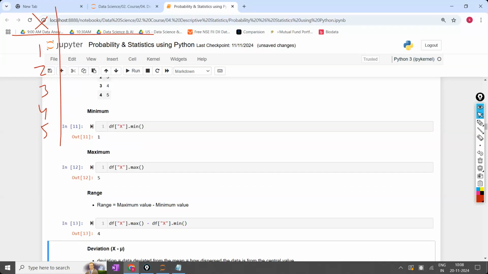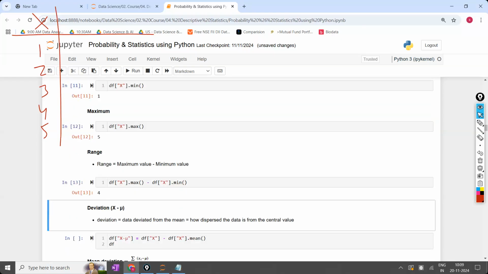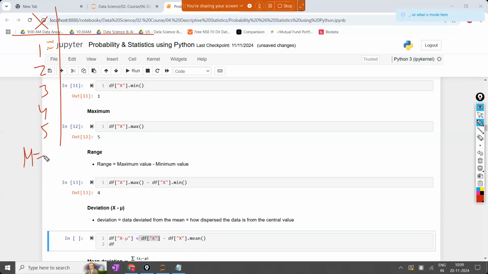Next we have deviation. Deviation means how much the data is deviated from the mean value. How to calculate this: df of x minus mean value. Let us calculate manually first. Mu is equal to 3. x minus mu means 1 minus 3 is minus 2, minus 1, 0, 1 and 2.